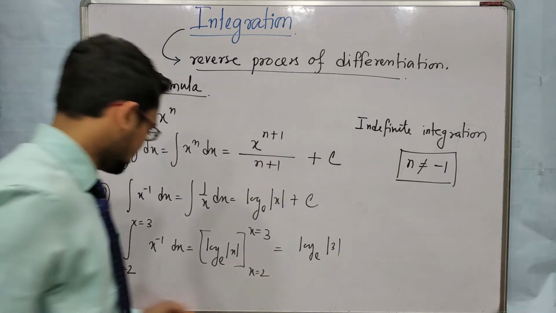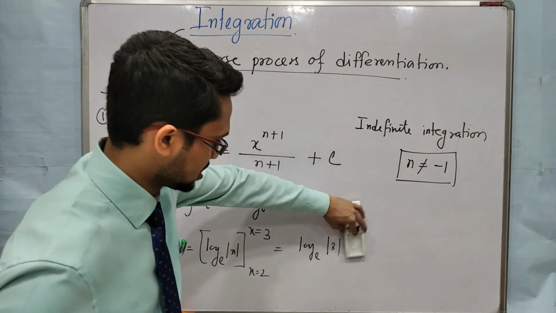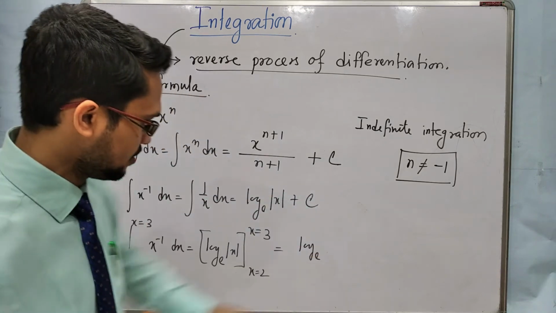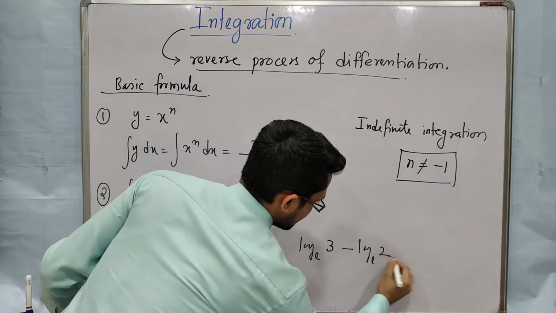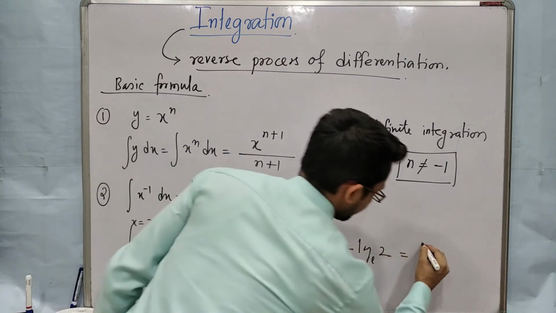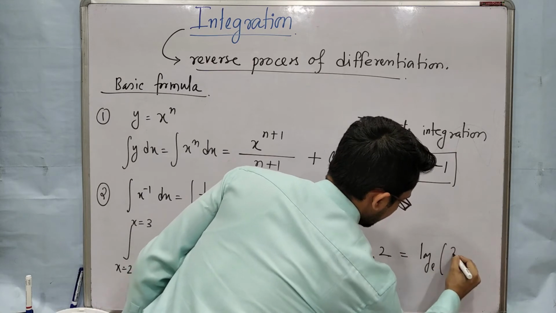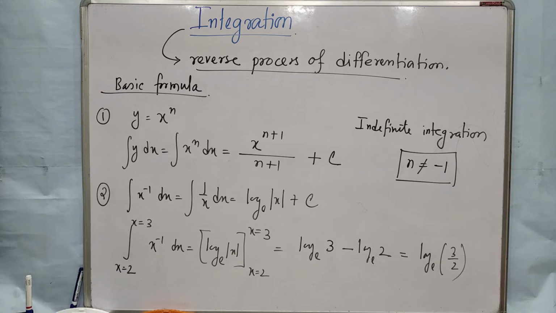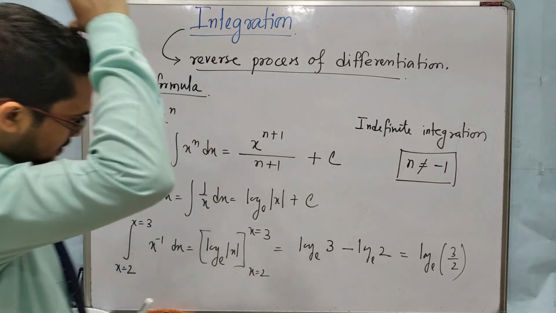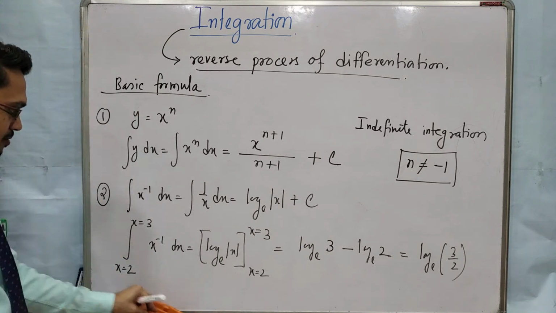Here you may not use the modulus sign because 3 is already a positive value, so log 3 only. Then minus log e 2. Log a minus log b, it will be log e 3 by 2. Okay, so in this way we have to do the definite integration. So this is our second formula.